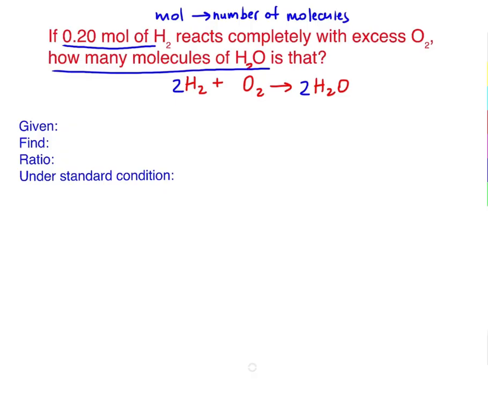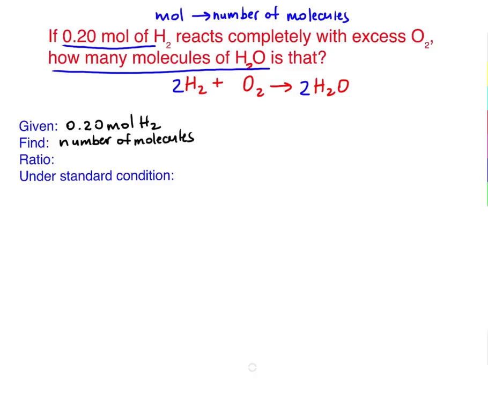And then the next is we need to fill our template again. What's given is 0.2 mole of H2. Make sure you write the H2 as well. And then what we need to find is the number of molecules of H2O. So you are given the mole of hydrogen.